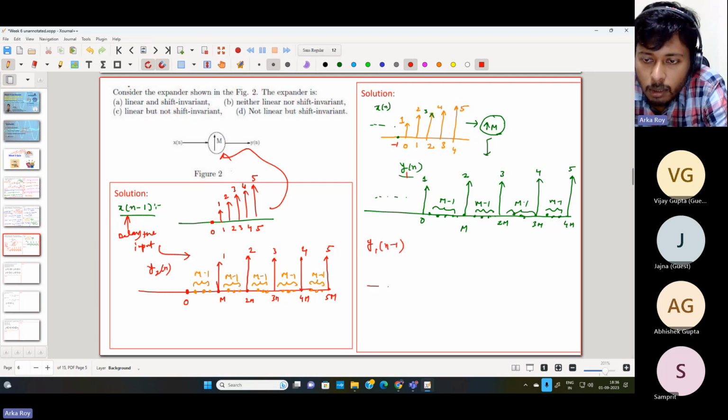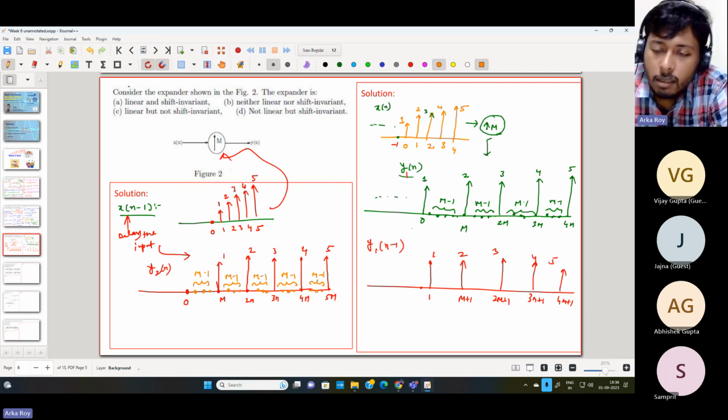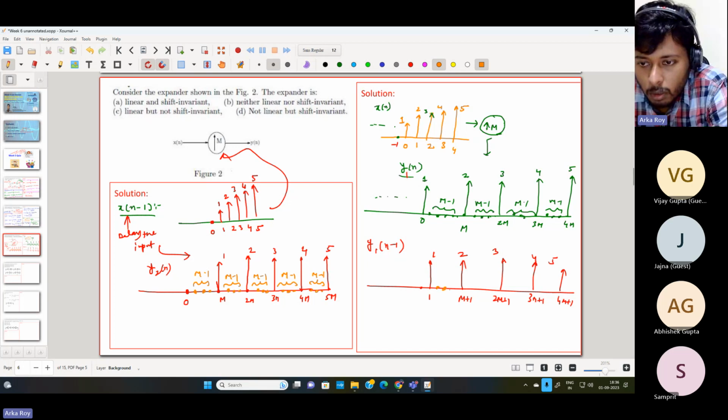So y1 of n minus 1 will look like this. At 0 let us consider there is nothing, so the 0th sample will go to first, then we have M minus 1 zeros, then it will shift to M plus 1, then 2M plus 1, then 3M plus 1, and 4M plus 1. So this is 1, 2, 3, 4, 5, and in between M minus 1 zeros.